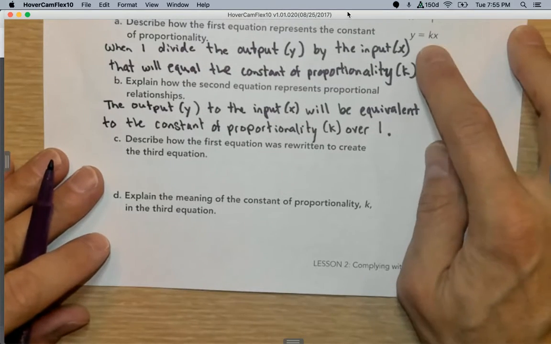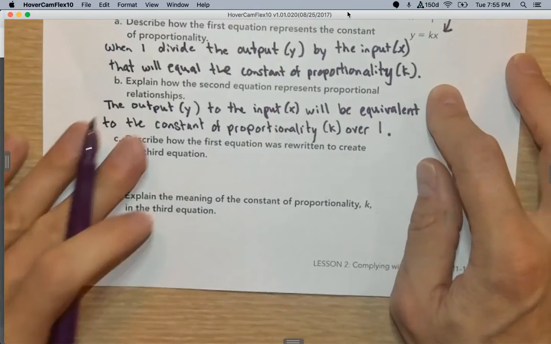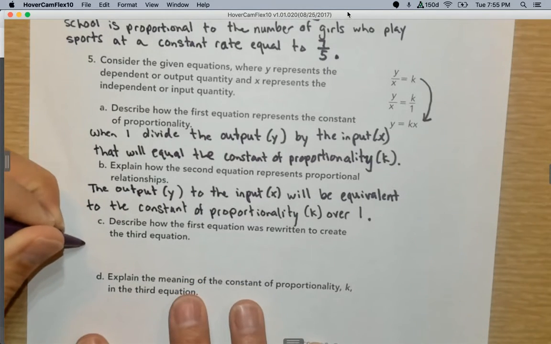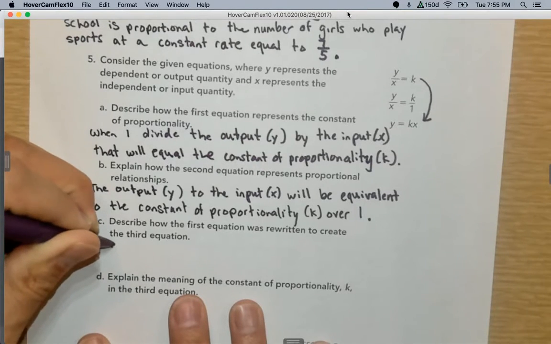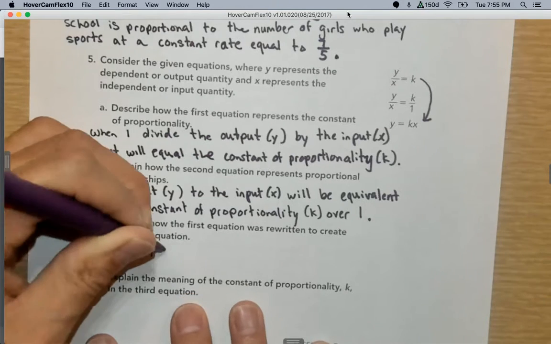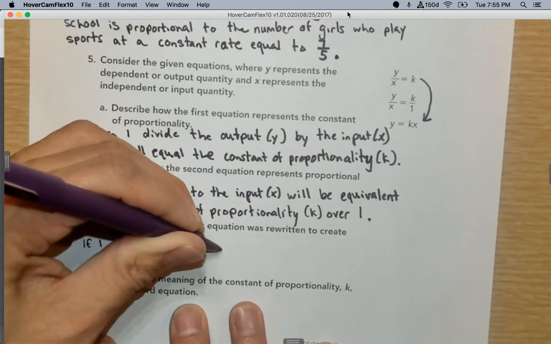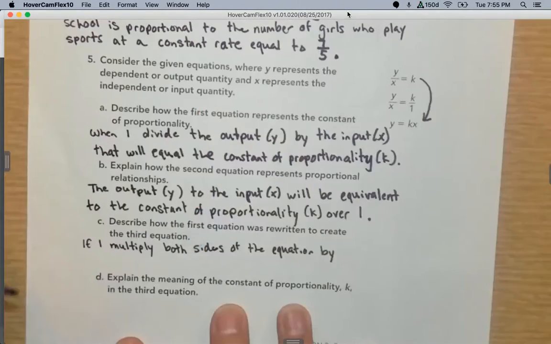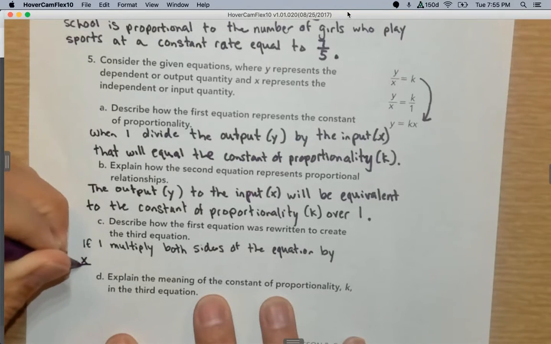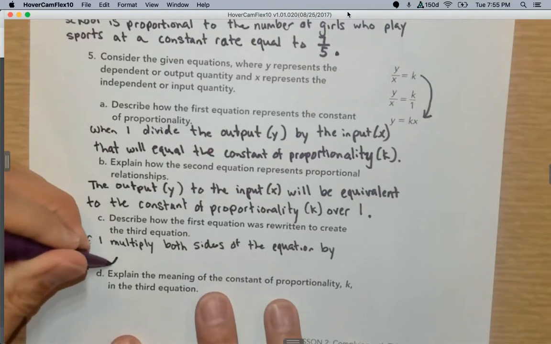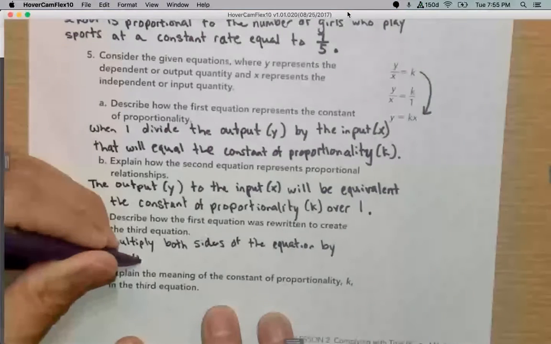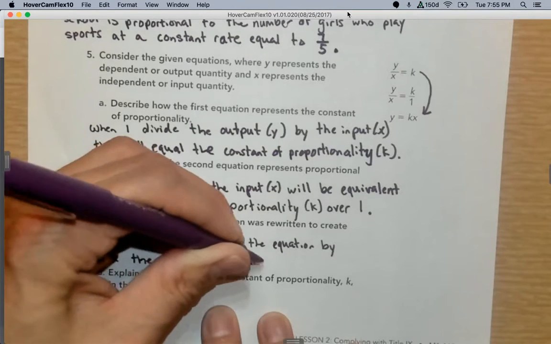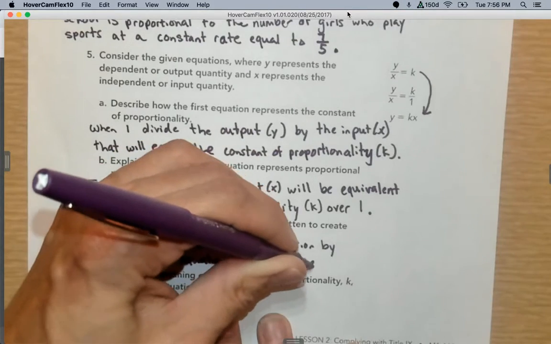So to go from the first one to the third one, if I multiply both sides of the equation by x over 1, or just x, the first equation will equal the third equation.